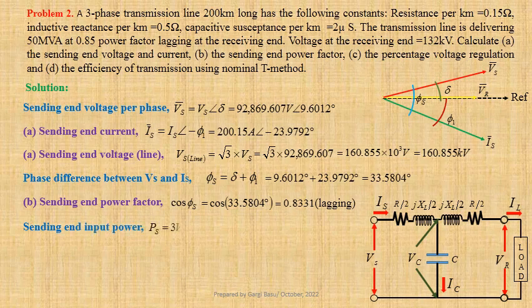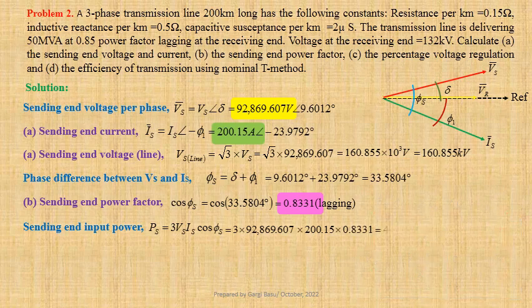Now we shall calculate sending end input power. Ps equals to 3 times Vs into Is cos of phi s. Using values we get 3 into 92,869.607 into 200.15 into 0.8331.